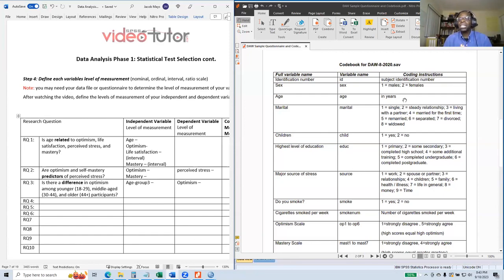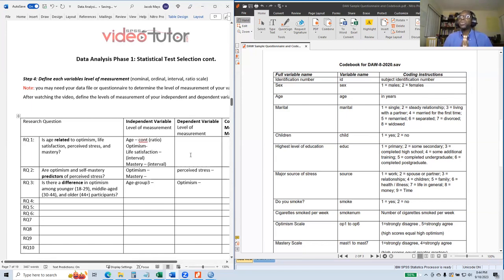So age is ratio because 0 years old means you're not born. Well, it could mean you're 6 months or 8 months, but you understand. It's basically a ratio variable, which is continuous. So we're going to put continuous ratio.